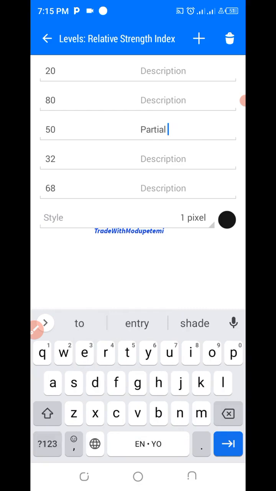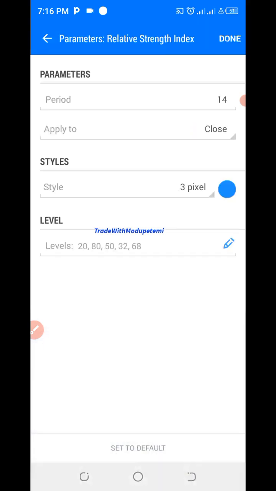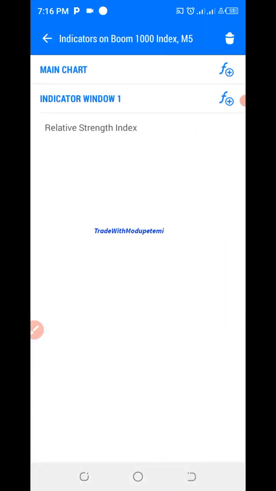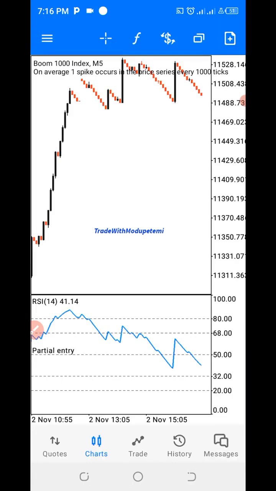We can do partial entry. While the 20 level and the 32 level are buy levels, the 68 level and the 80 level are our sell levels. Once you are done, you click on done. You can see this is what we have on our chart.